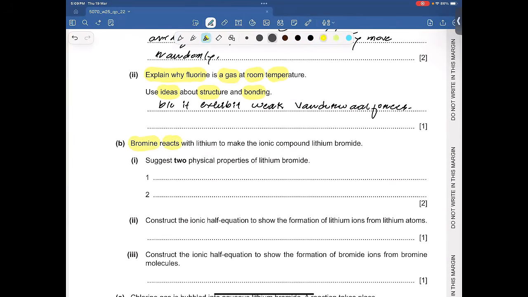Bromine reacts with lithium to make an ionic compound, lithium bromide. Suggest two physical properties of lithium bromide. Since lithium bromide is an ionic compound, all ionic compounds are solid at RTP, soluble in water, with high melting and boiling points.